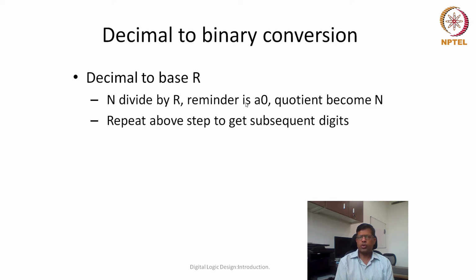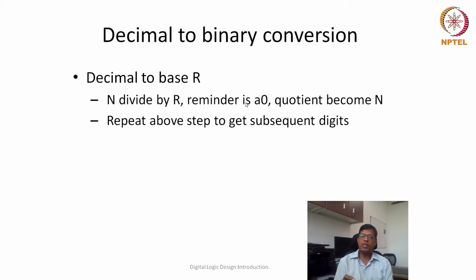So most of you know these calculations. This has been done in your higher secondary classes or in your schools. So let's revise it for the sake of completeness and for the benefit of everybody. Let's say a number n, which is represented in decimal, and we want to convert it into base r. So what we do is we divide this number n by r.